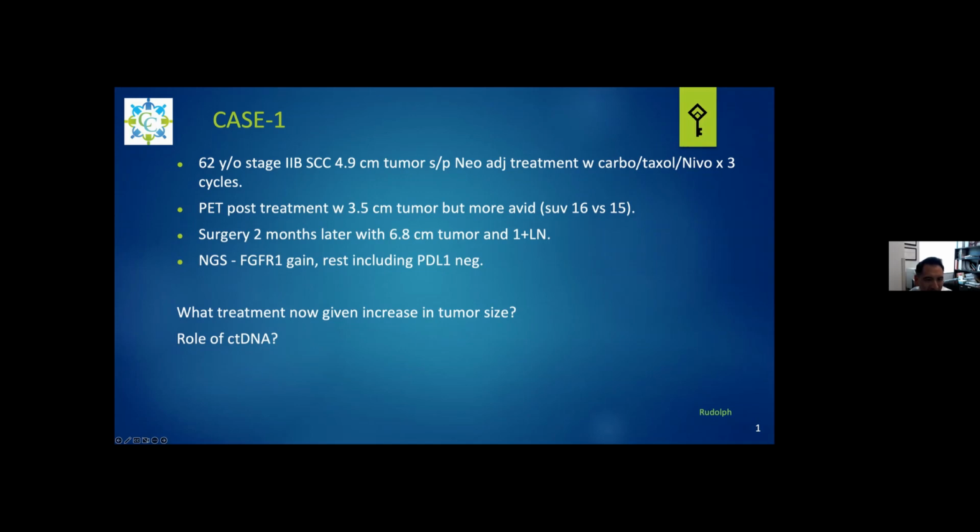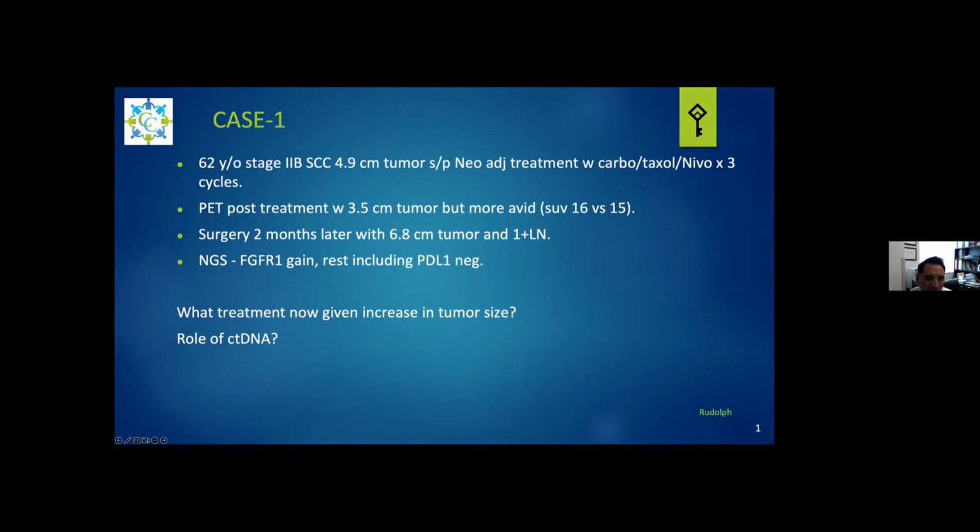But then 2 months later, it almost doubled in the post-surgical specimen. That's disappointing. Maybe it's from the delay in surgery, definitely aggressive tumor progression during that delay in surgery.